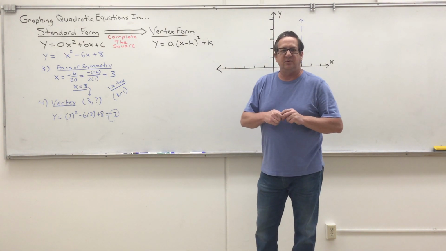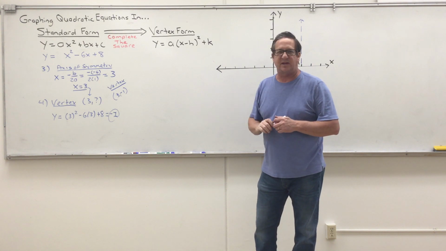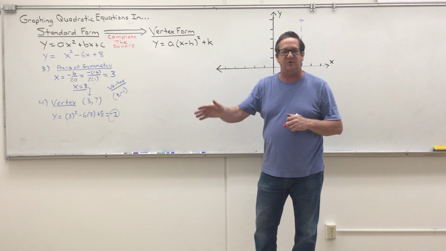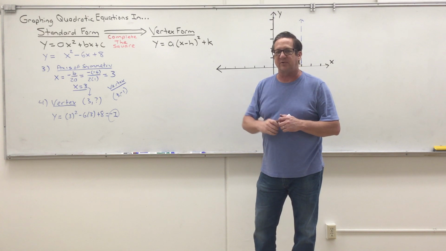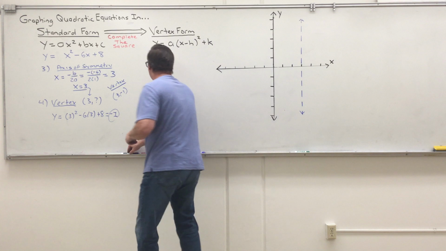So those of you who have not watched week 5 videos, you might have no understanding what that is. That's why you need to go back and do week 5 and then get caught up with me on week 6. But the next thing we did was we made a table.